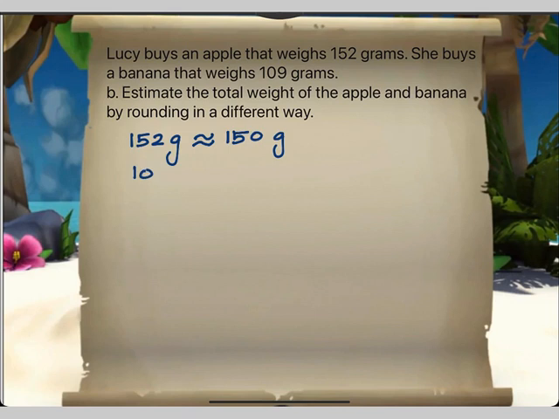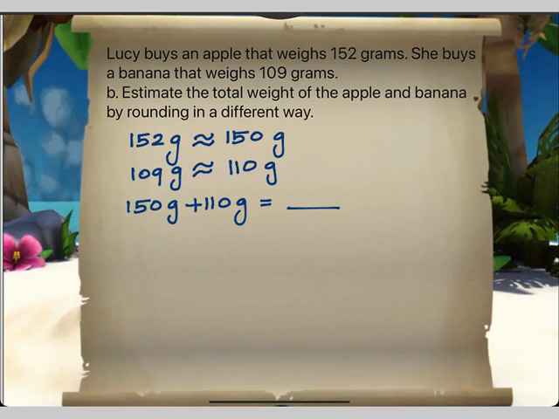And then the other number is 109 grams, which when rounded to the nearest 10 will become 110 grams. Okay? So the number sentence is 150 gram plus 110 grams equals what?